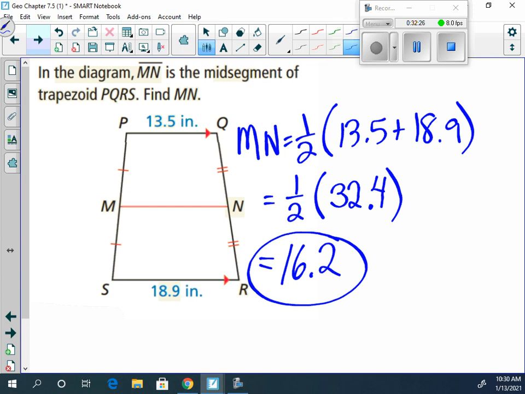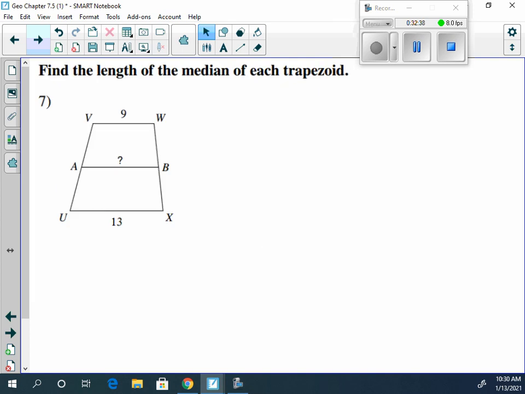Any questions on this here? Any questions on any of this here so far? Not too bad? So what would we need to do for this one here to find the missing length?